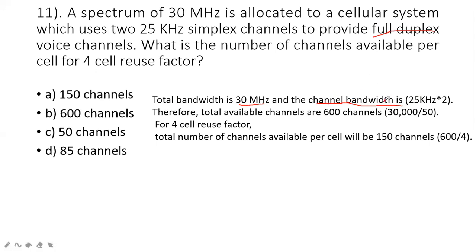Therefore, the total available channels are 600 channels, that is 30 megahertz divided by 50 kilohertz. For a 4 cell reuse factor, the number of channels available per cell will be 150, that is 600 divided by 4. So each cell, for this 4 cell reuse factor, has 150 channels. So here the answer is E.